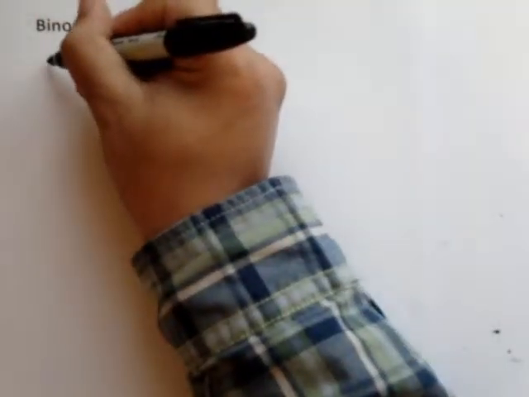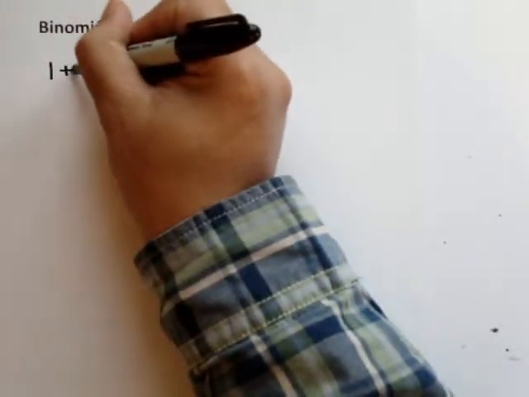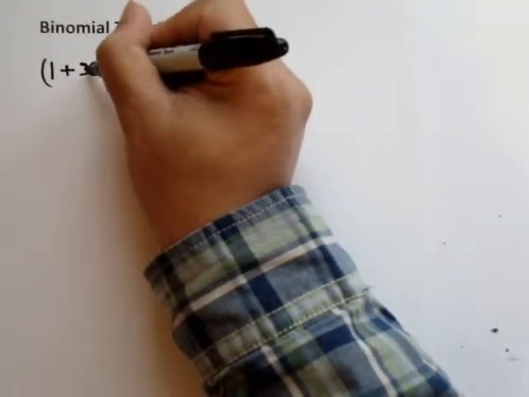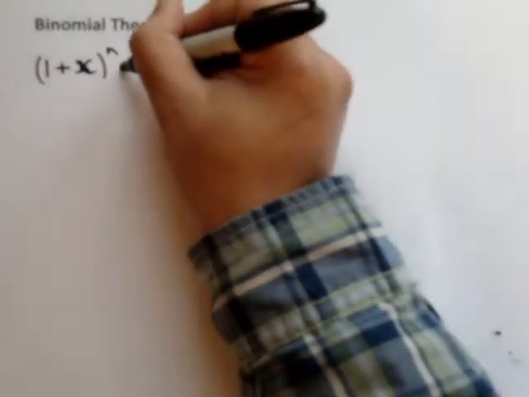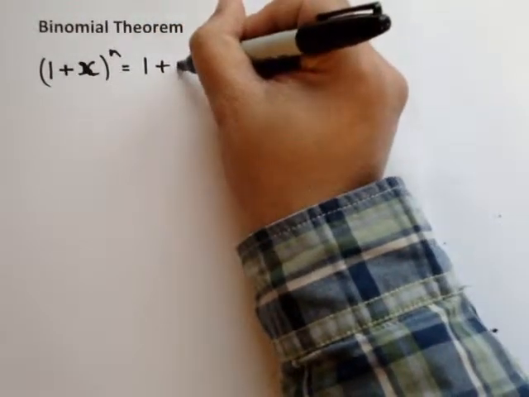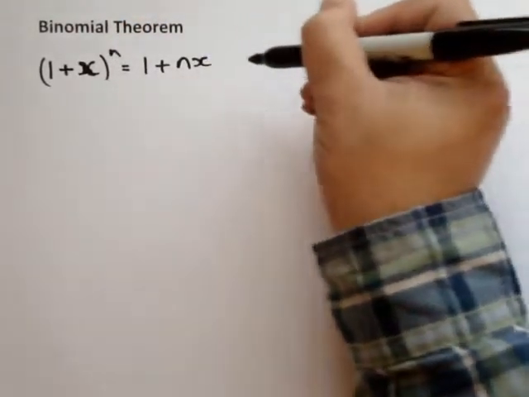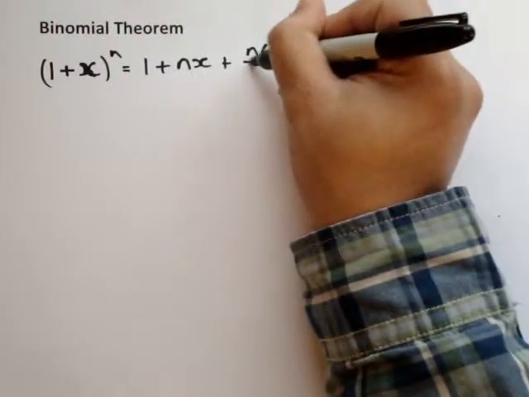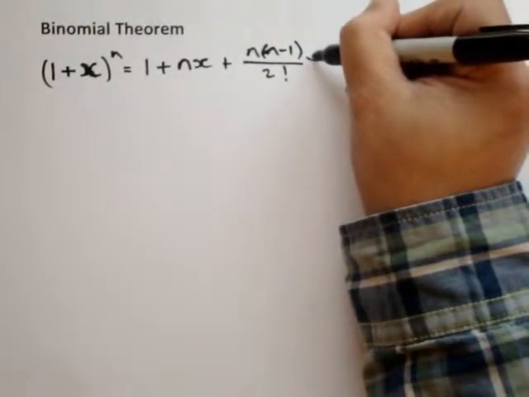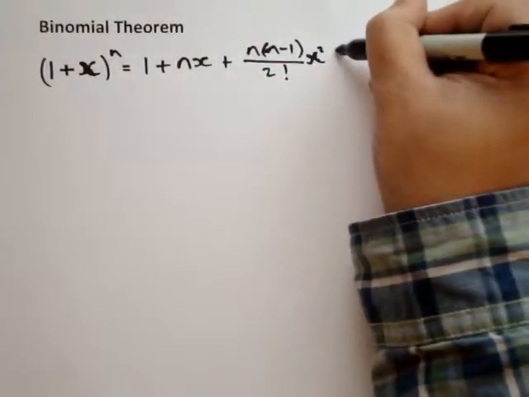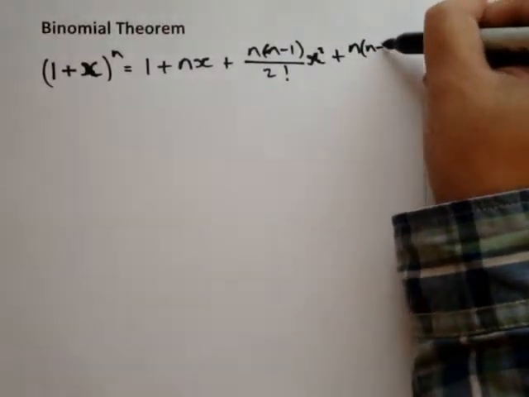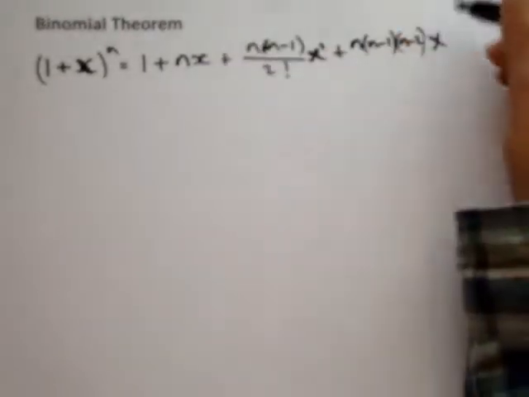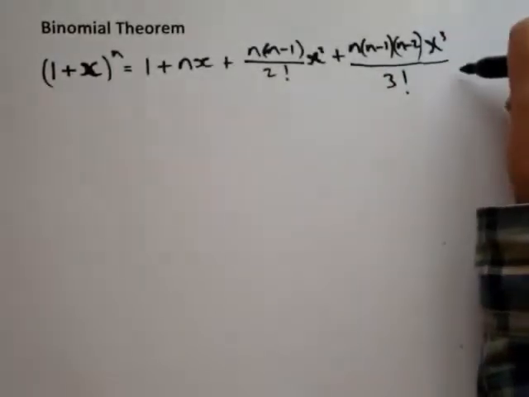The binomial theorem has to be in this form, so your binomial has to be in the form of 1 plus x to the power n, and then we can expand, and it goes 1 plus nx, so this would be our x term, plus n multiplied by n minus 1 all over 2 factorial x, which is our x there, squared, plus n minus 1, n minus 2, x, which is our x in the binomial, cubed, all over 3 factorial, and so on.